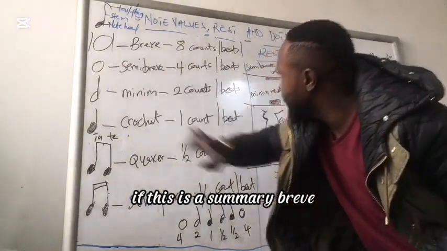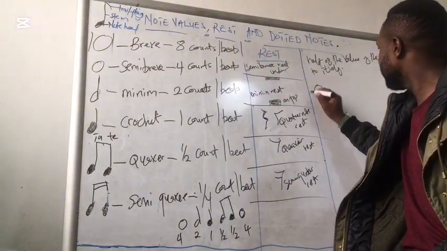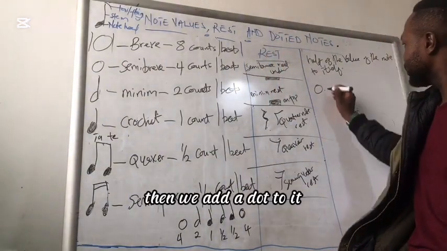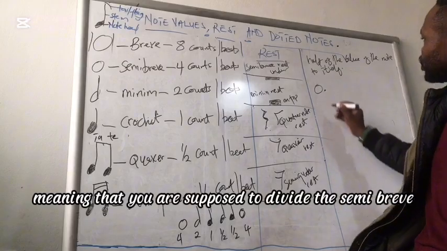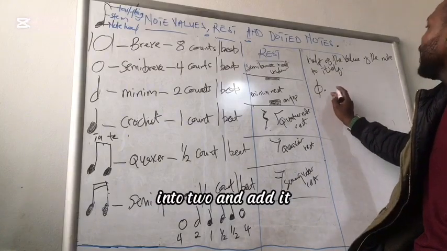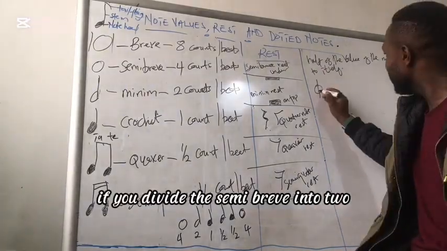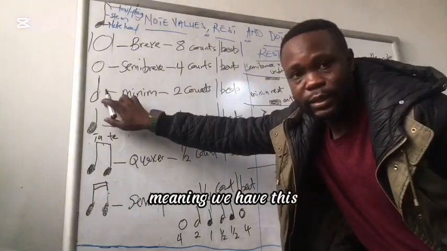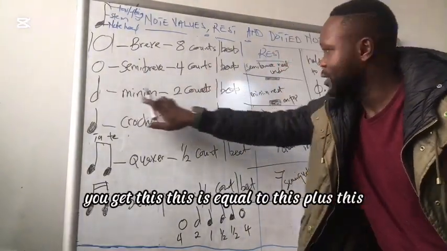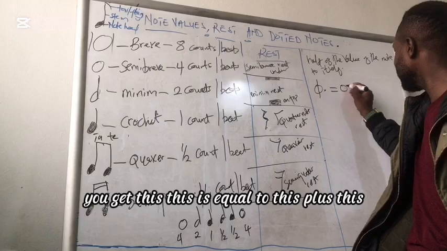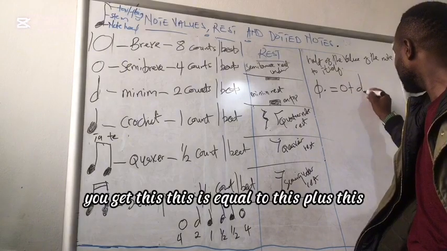If this is a semibreve, then we add a dot to it, meaning that you are supposed to divide the semibreve into 2 and add it to itself again. If you divide a semibreve into 2, we have this. This is equal to this plus this.